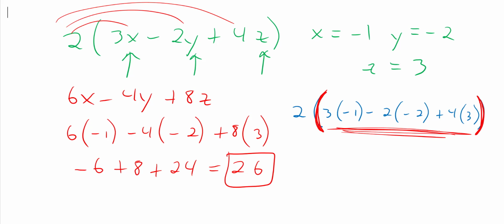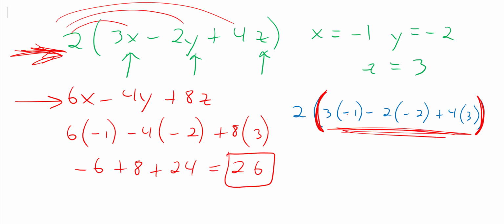Because the only reason I can do this is because I'm plugging in a number. If I ask you to simplify this instead, obviously there's no number to plug in. You're just going to distribute the 2, and then there's no like terms, so this will be your answer right here, the 6x minus 4y plus 8z. But anyway, I can literally type this in my calculator, typing 2 parentheses 3 parentheses negative 1 close parentheses minus 2 parentheses negative 2.